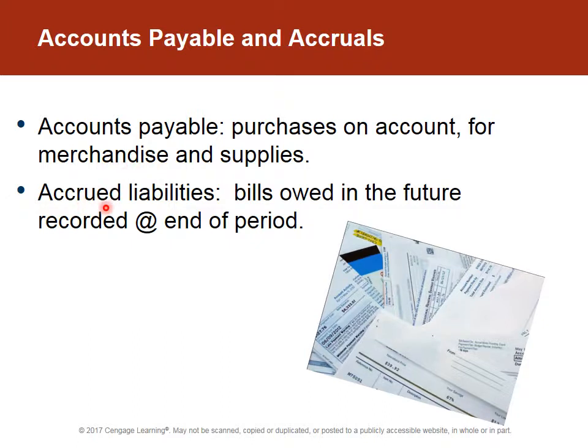Other companies, or most companies, also have accrued liabilities, and these are other types of bills aside from merchandise or inventory and supplies. And these bills are things like the electric bill, insurance, property taxes, payroll taxes. We'll be looking at some of these types of accrued liabilities in this chapter and future ones. So accounts payable, sometimes called trade payables for inventory. Accrued liabilities are debts owed for other types of bills.